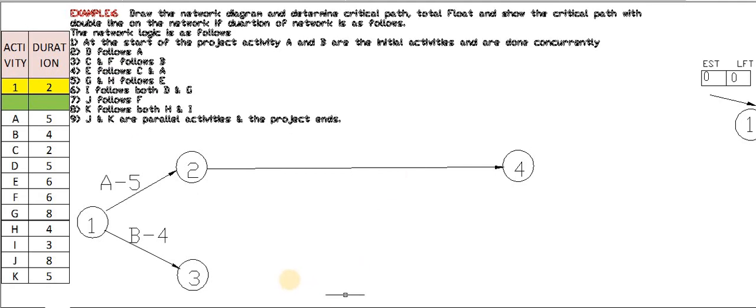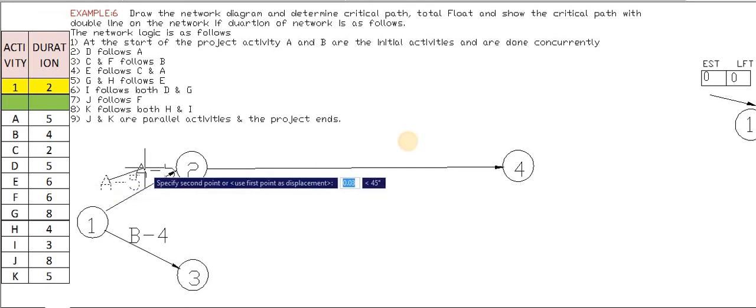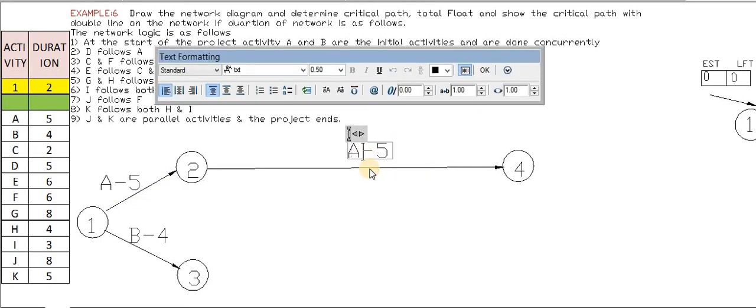So D follows A, that means D is the succeeding activity and the preceding activity is A. Only after completion of A, D will be started. So we will copy this here and have this as D.